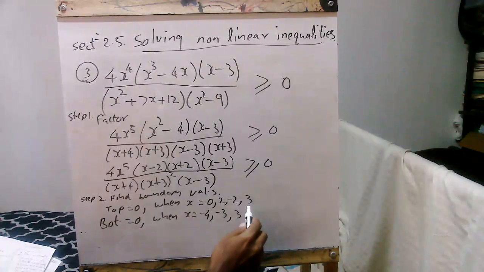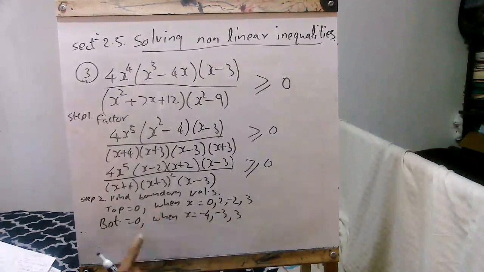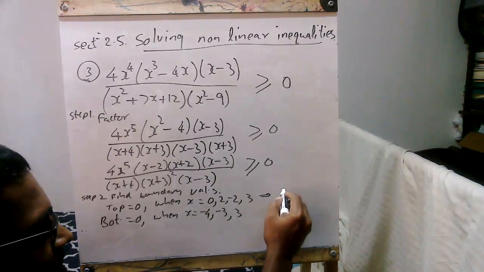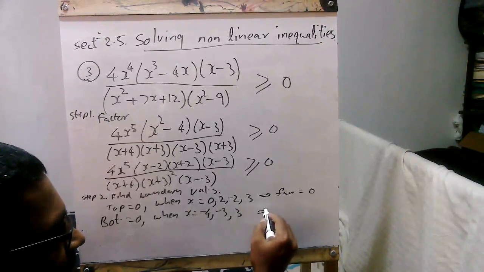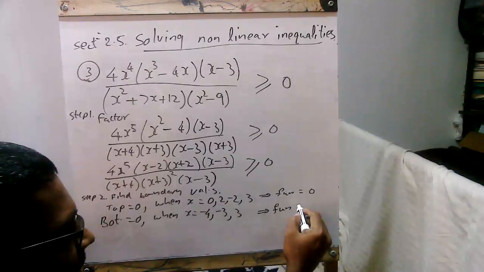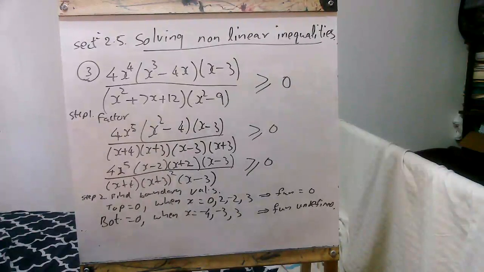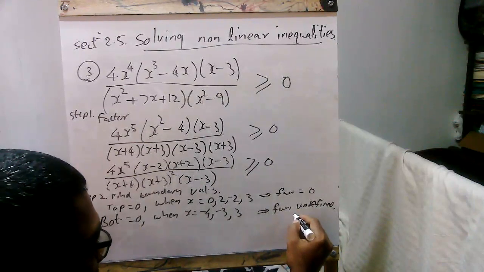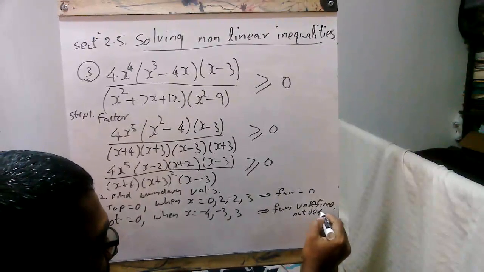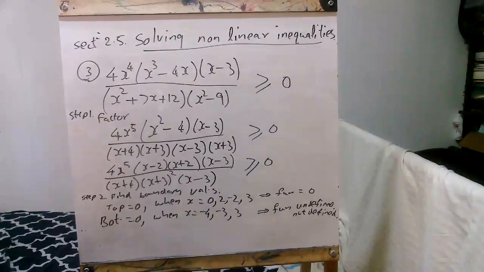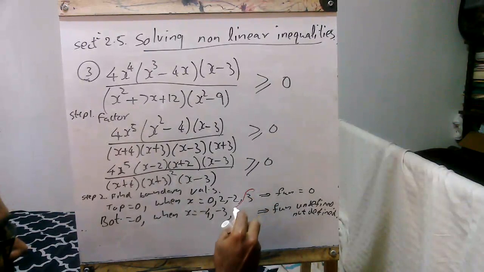Now you see a common number top and bottom, 3. When x equal to 3, is the function 0 or undefined? Here you see 3 is on top and bottom.